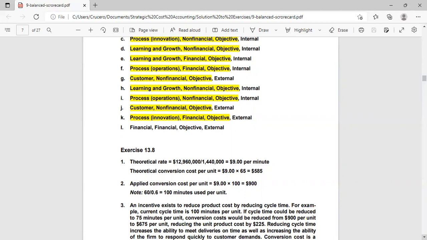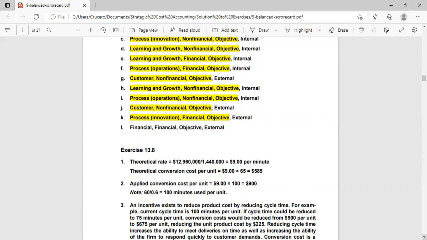So in requirement number 1, we computed the theoretical rate and the conversion cost per unit. Requirement number 2: compute the applied conversion cost per unit, the amount of conversion cost actually assigned to the product.